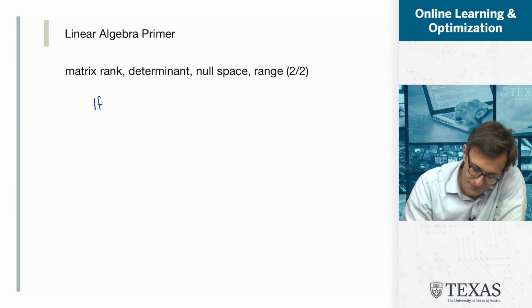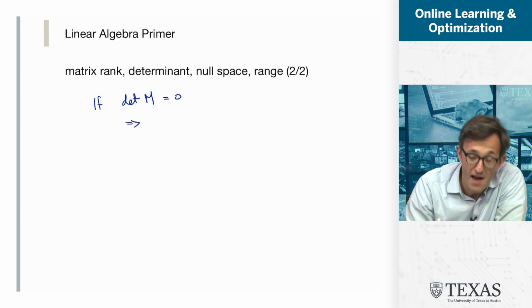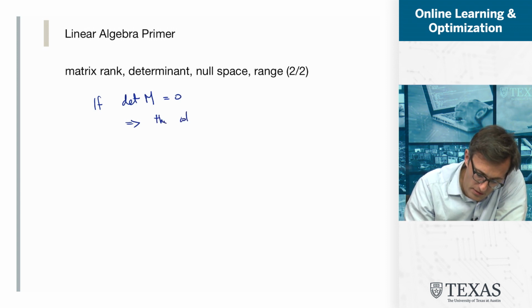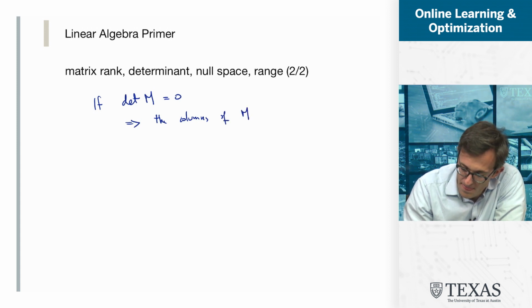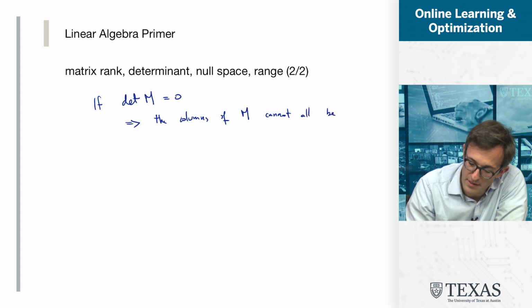So if the determinant of M is equal to 0, then we know that one of the following must be true. Then the columns of M cannot all be independent.